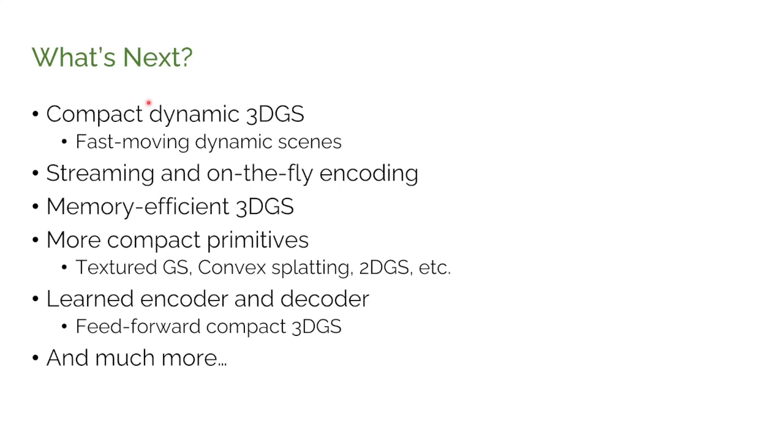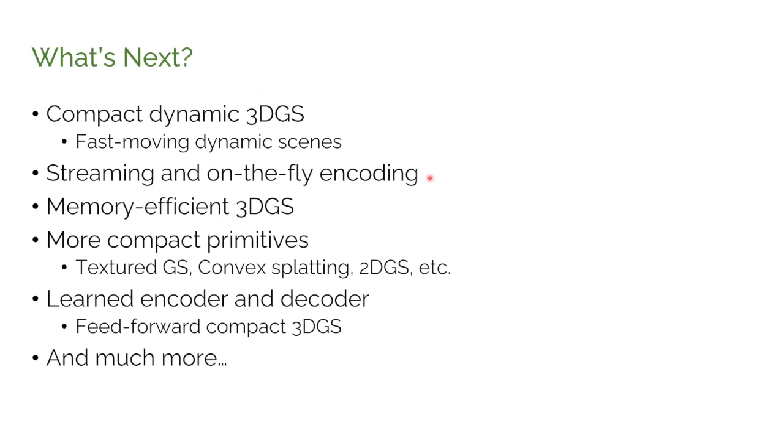There are tons of papers, and they're really great. But if you think about fast-moving or fast-changing dynamic scenarios, we still need techniques to improve efficiency. The second one, which I'm quite interested in, is streaming and on-the-fly encoding.